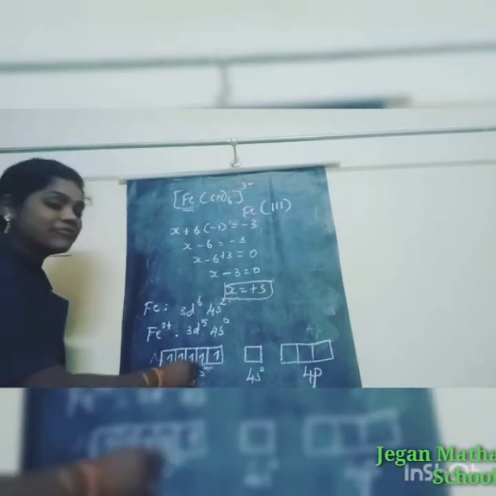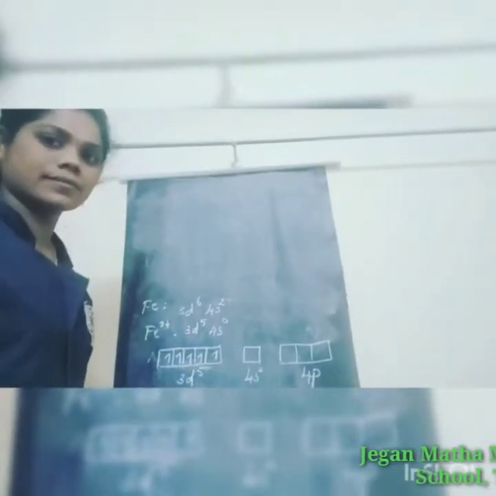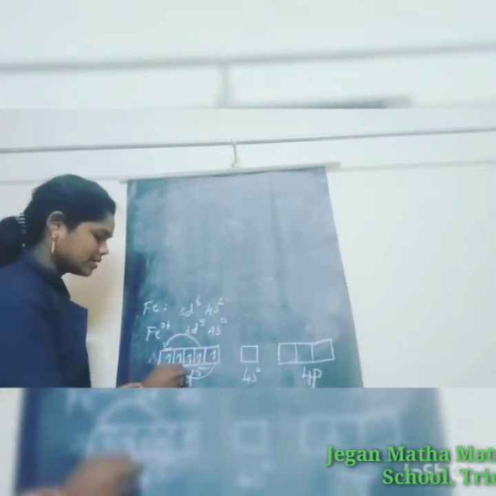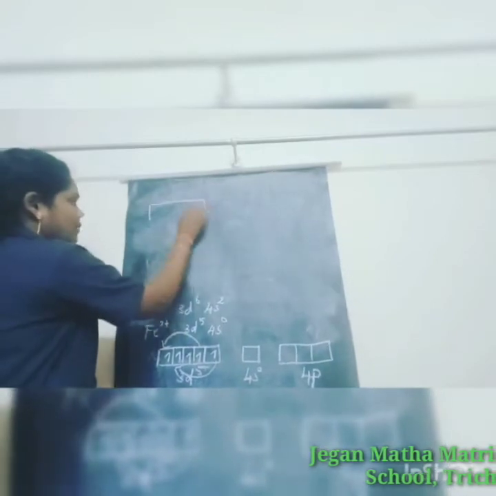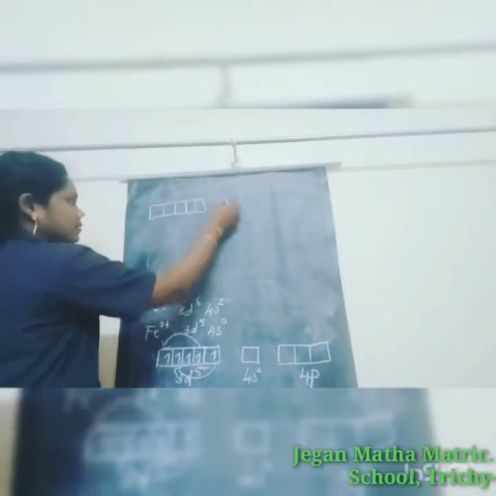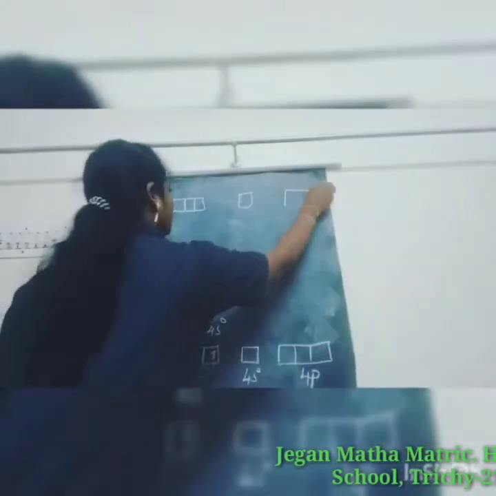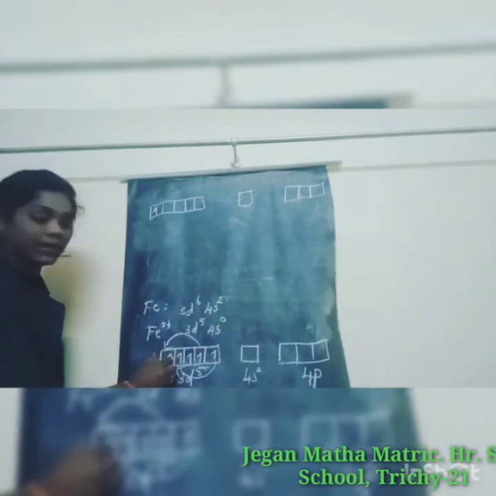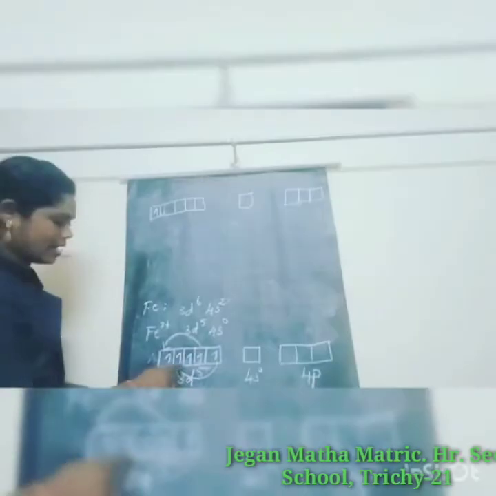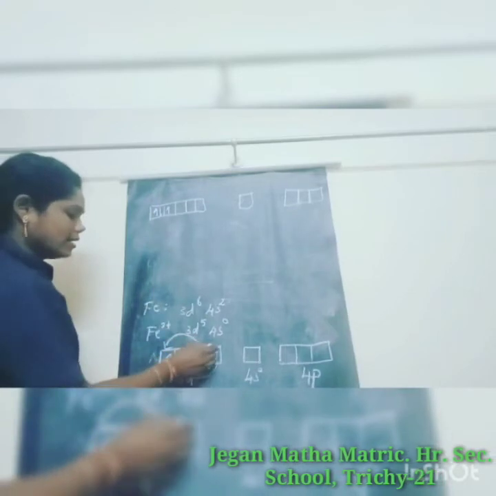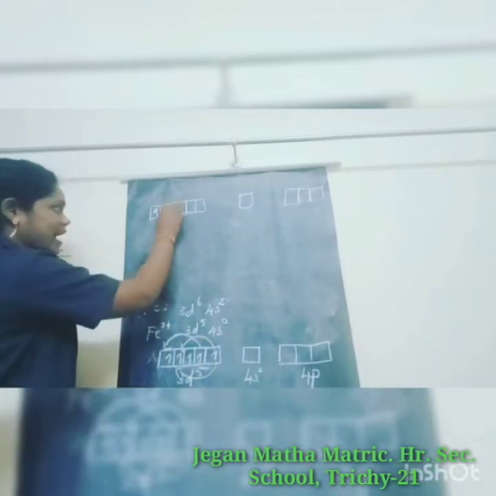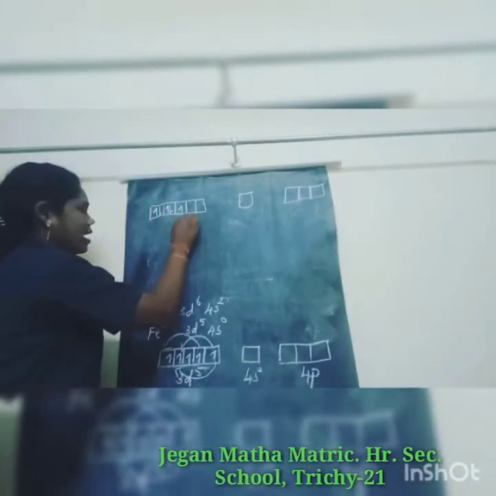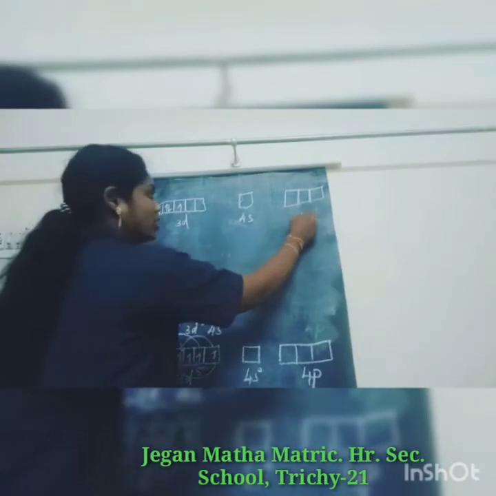Out of the 5 electrons in 3d, one electron comes over to pair with another one, and then another electron pairs up as well. So now two orbitals have paired electrons and the third has an unpaired electron. This is for 3d, then 4s, then 4p.